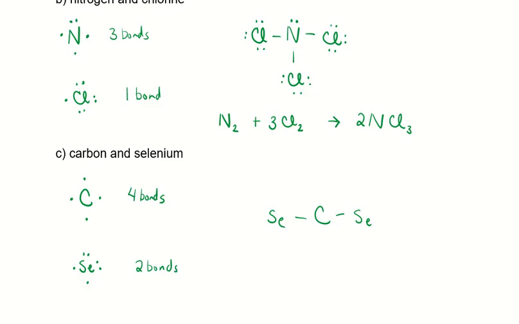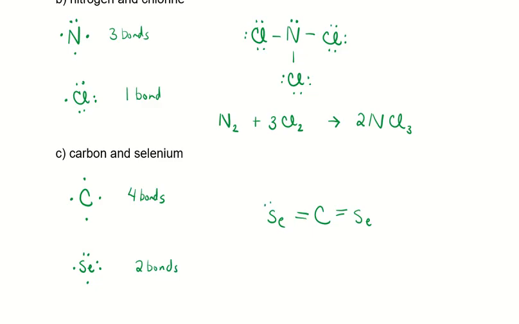Another way we can make the carbon happy is by putting in double bonds. So we can put in a second bond here, so now each carbon has 4 bonds, or a stable octet. Each selenium has 2 bonds, which it likes, because then those 2 lone electrons become paired in those bonds.